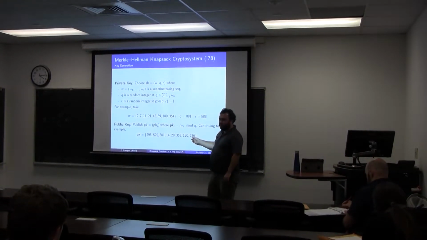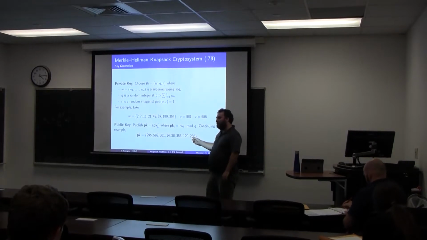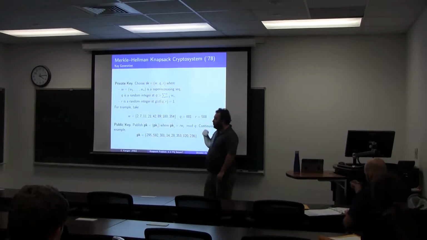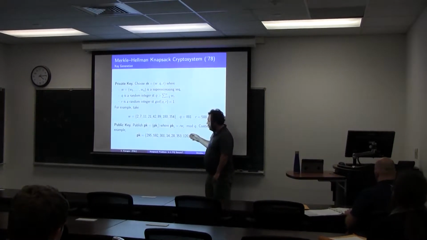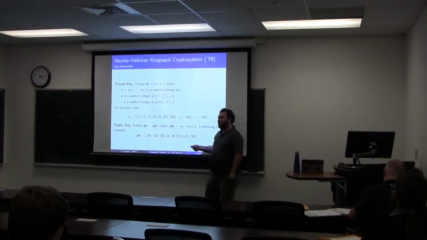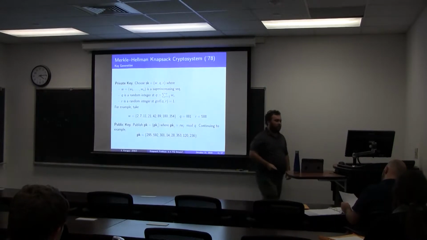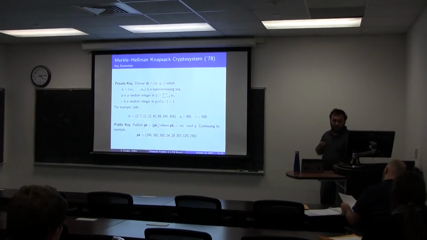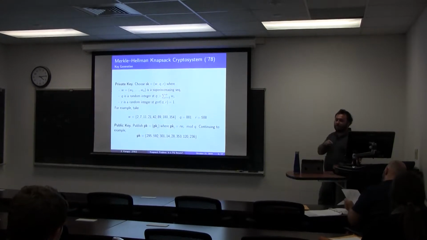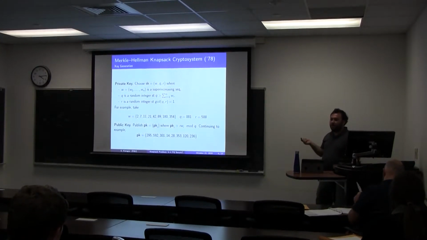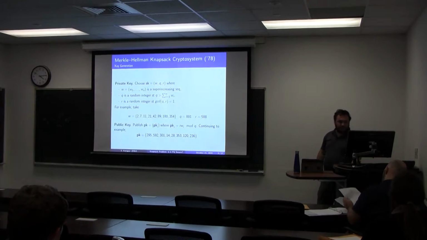This seems a random sequence. But even though it seems random, Shamir found a way to break this crypto system. So the vulnerability in this crypto system is using a super increasing sequence.